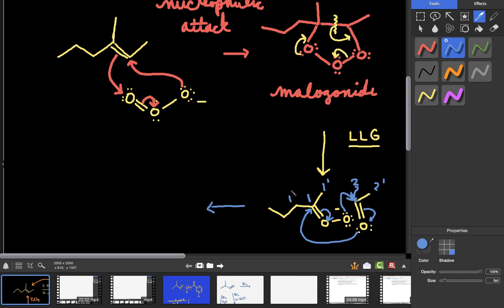I'm going to call this 1 double prime, 1 triple prime, and 1 quadruple prime. Just so that I can understand that I'm going to make a bond between carbon 1 and carbon 2.